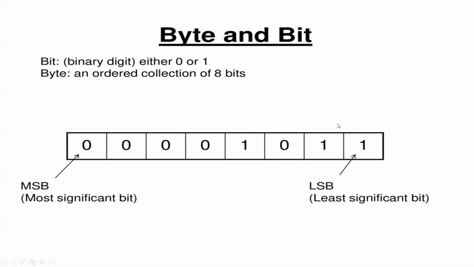So the number goes from the right hand side to the left hand side, the least significant bit and the most significant bit. Why we call them least and most, I will explain later, but you should know the terms MSB and LSB. So the terms bit, byte, nibble, MSB, LSB are the terms you should be aware of.